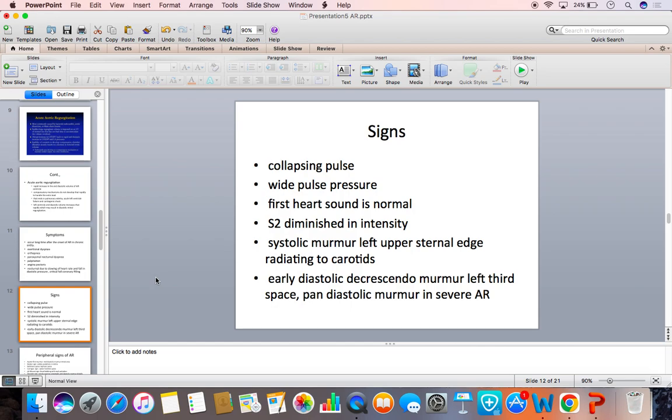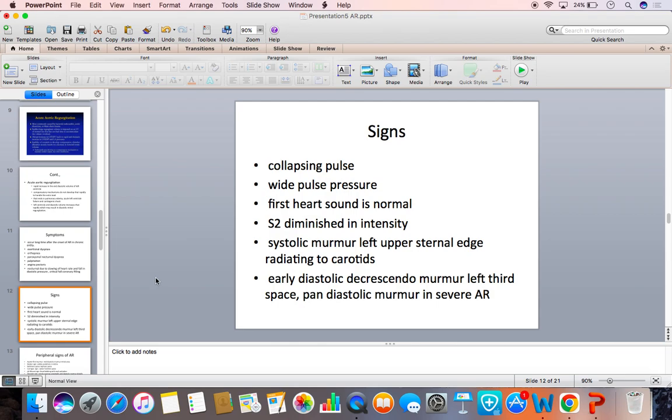You can appreciate a systolic murmur in the left upper sternal border radiating to the carotids because there is a rapid flow of blood into the aorta due to the increased stroke volume that results in turbulence in the aortic root during systole. That results in the systolic murmur appreciated in the upper left sternal border radiating to the carotids.